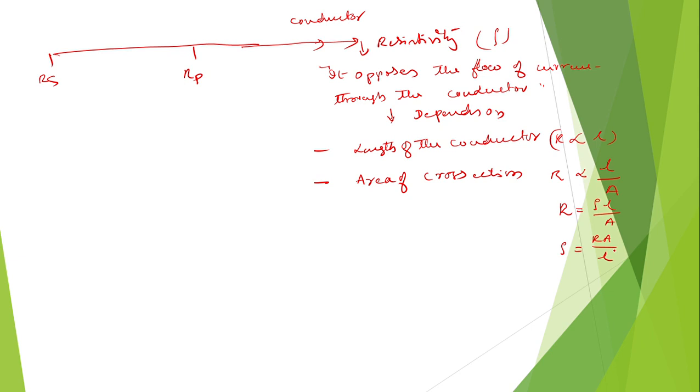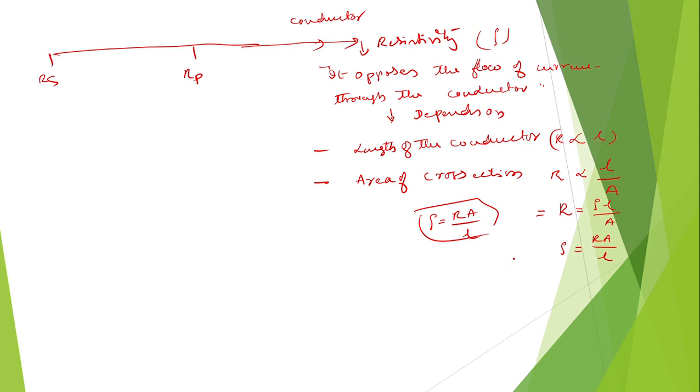Oh, somewhere we have made a mistake. L by A. So if we keep this here, just you see here, rho you keep there. So that means RA, cross multiply, RA divided by L. Correct. It is correct. Okay.